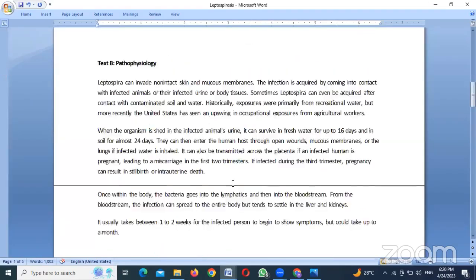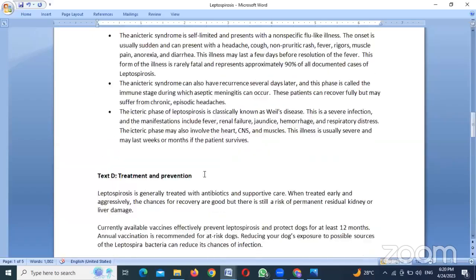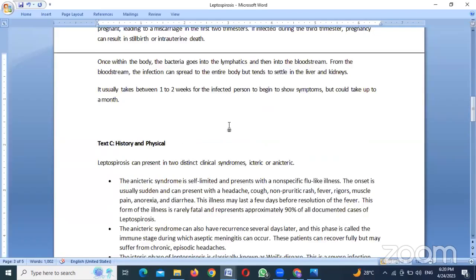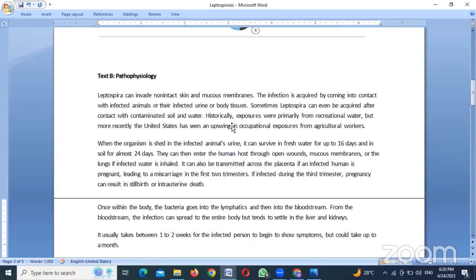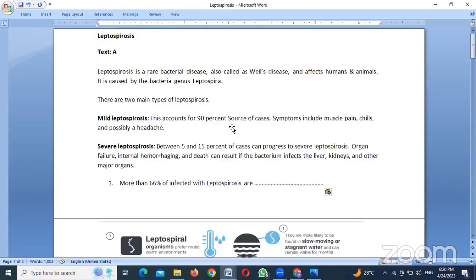Then you cannot answer 20 questions in 6, 7 minutes, because we have only 15 minutes, and Part A is the key to success in reading. If you are able to get 19 out of 20 or 20 out of 20 in reading Part A, then your chances of passing are very high.